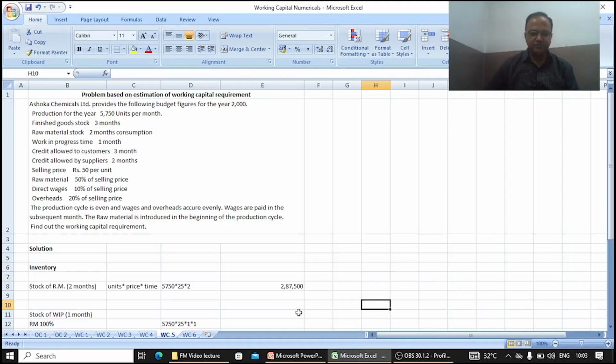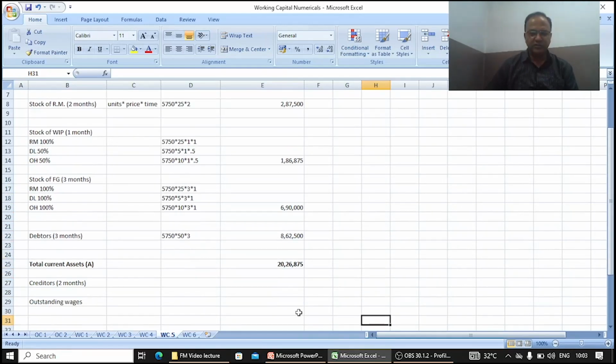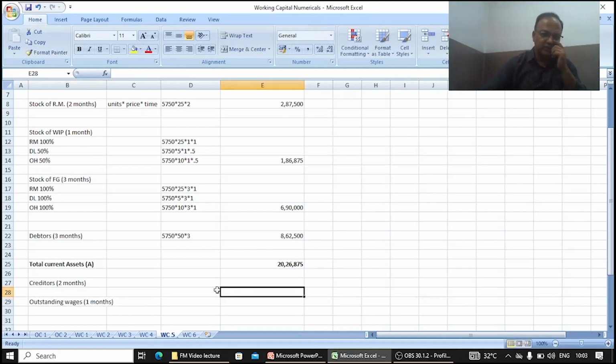It means we have to take care of wages and for creditors. There is no need to calculate overheads because information is not given in this regard.